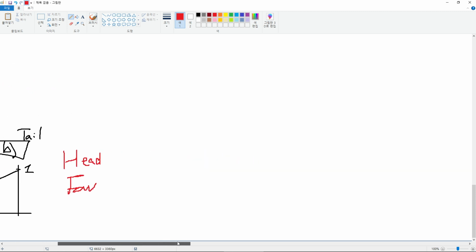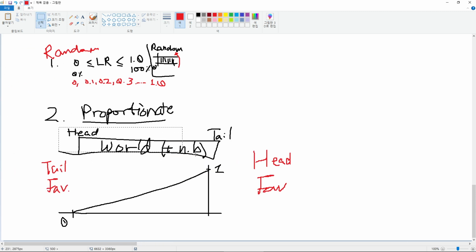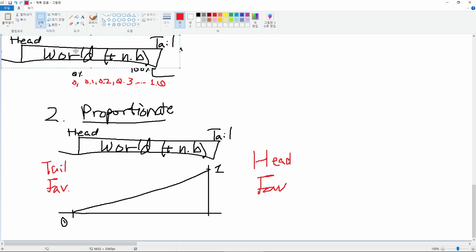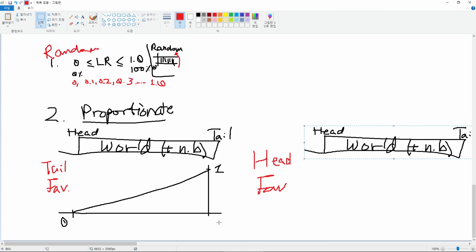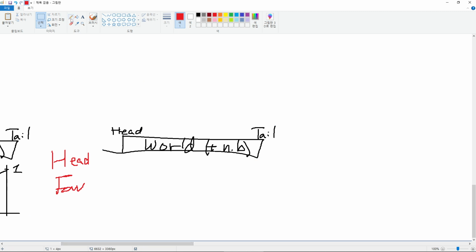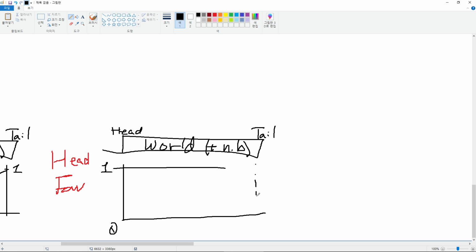Where I would have the same setting over here, and I'll just draw it again, and I would ensure that the head entity has the maximum learn rate and the tail entity has the lowest learn rate.